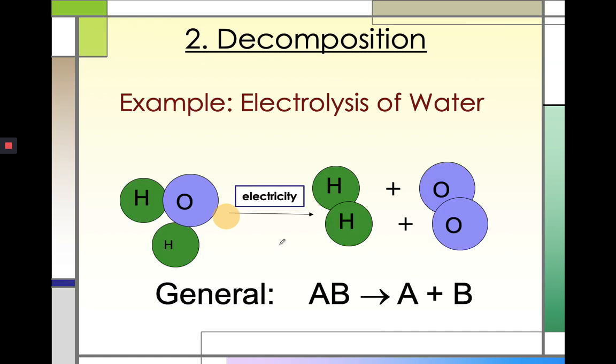All right, and so what happens is the result will be H2 and O2 gas, okay, not the individual atoms only. So water, once you run it with electricity, will produce H2 gas and O2 gas. And you might have heard of hydrogen fuels, okay, so this one can be used as a fuel.